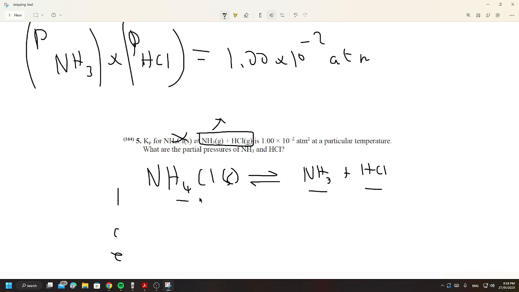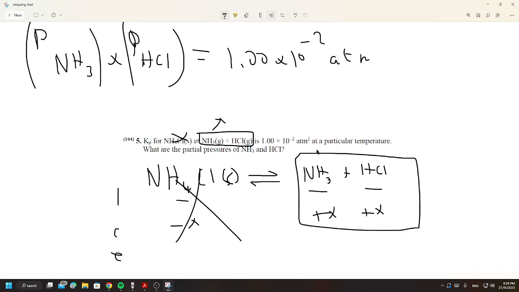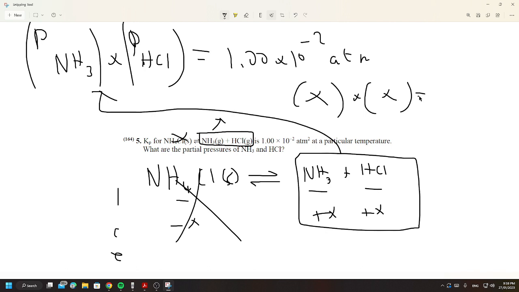And then we know in this case the reactant gets consumed to form products. So it's just going to be minus x, plus x, and since this is a solid, we don't consider it. So if we substitute these two into this formula, it's going to be x times x to give 1.00 times 10 to the power of negative 2.